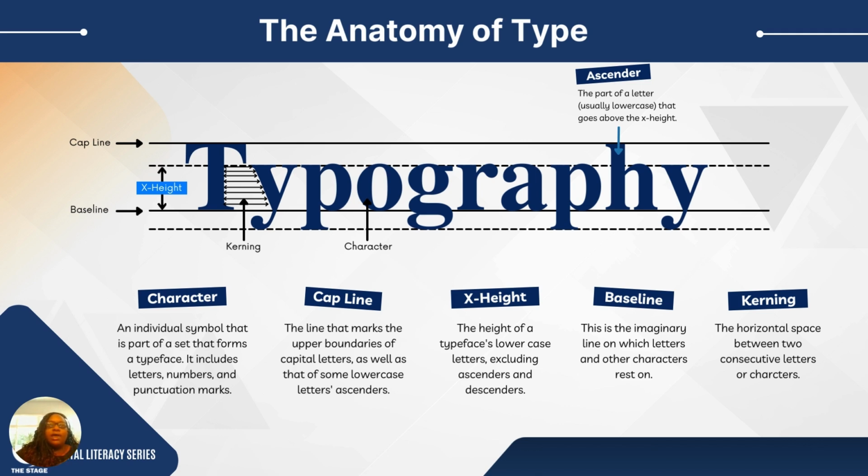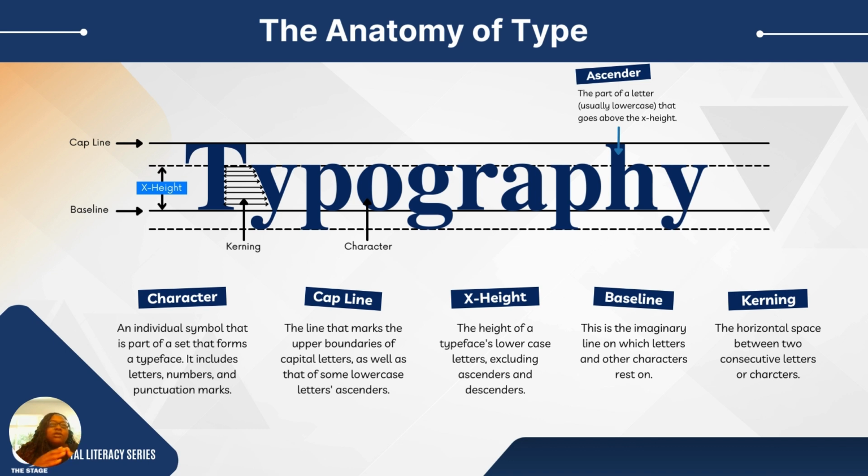So we talked about cap line, baseline, X height. We talked about an ascender and a descender. Let's talk a little bit about kerning. Now, kerning is the horizontal space between two consecutive letters or characters. It is important when you're designing that your kerning is set correctly.